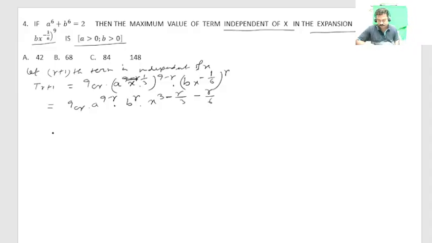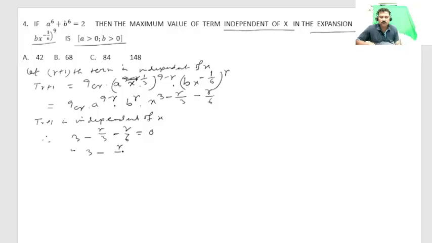Okay, here T r plus 1 is independent of x. Therefore we get, if we calculate this, (9 minus r) by 3 minus r by 6 equals to 0. So 3 minus r by 2 equals to 0. So r equals to 6 here.